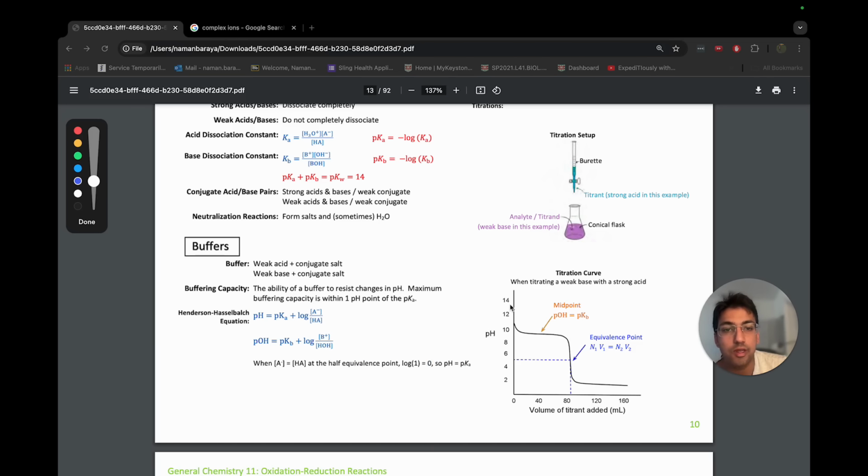So if I'm working with some base that I'm not sure what it is, I can figure out what the pH is by just looking at the half equivalence point, and that's over here, and then I can figure out, oh, well, the pH is about 10.9 over here, so that means that the pKa is 9, and I can actually figure out what base this is based on that.